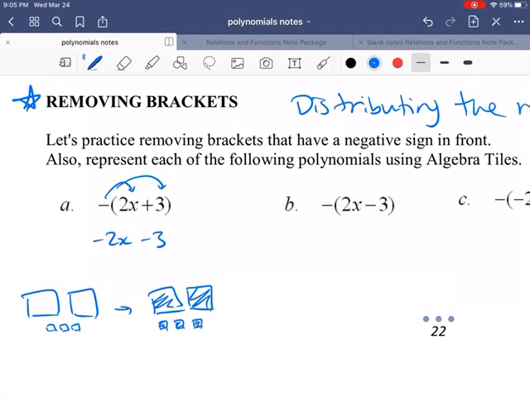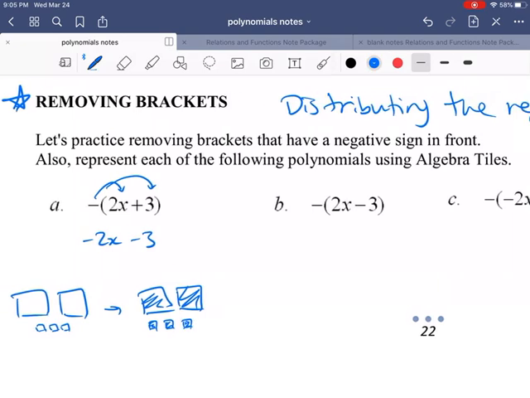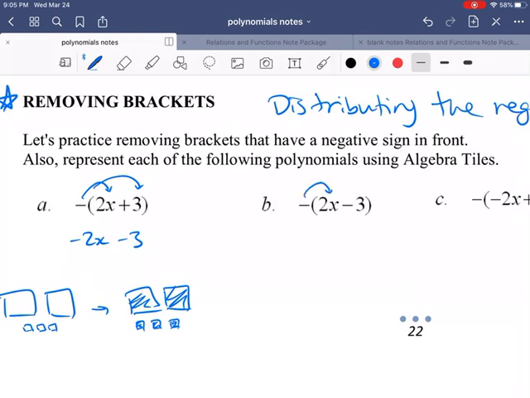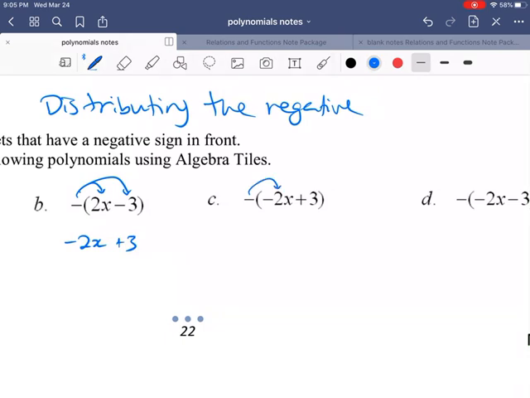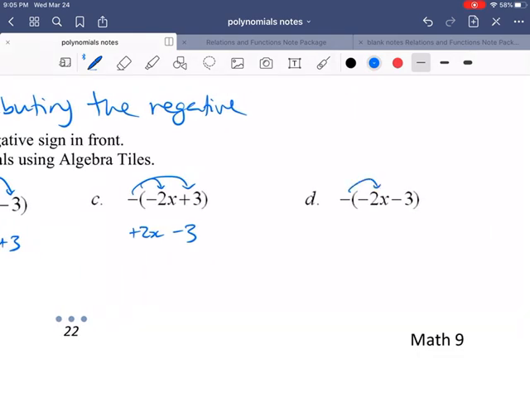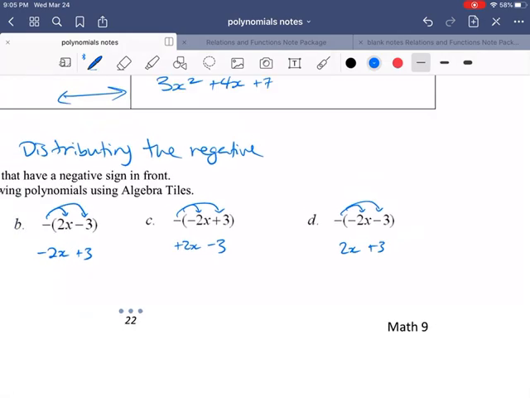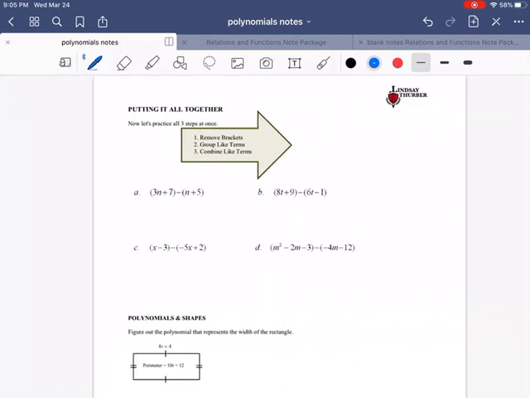And all the tiles have to be flipped, so all the terms in the brackets change sign. So this negative makes that negative 2x, and the negative times the negative 3 becomes positive 3. Negative times a negative becomes positive 2x, and negative times a positive becomes negative 3. And the last one here becomes positive 2x and positive 3. So everything changes sign when you distribute the negative.